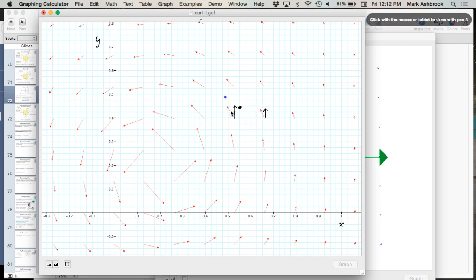All right, let's look at the vertical. So for a change in y, I'm interested in what components of these vectors? Horizontal, x components.